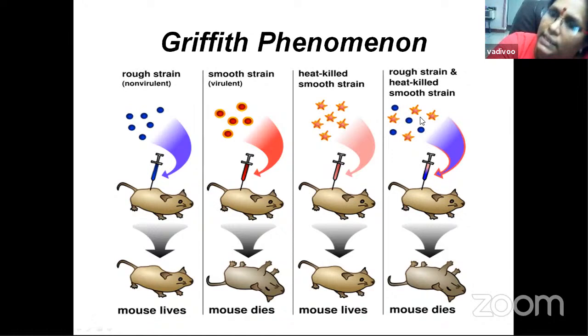How does this happen? The rough strain picks up the DNA, the genetic material which has the capacity to produce the capsule. Genetic recombination happens, it becomes virulent, and that kills the mouse. So this is how the transformation phenomenon is explained by Griffith.